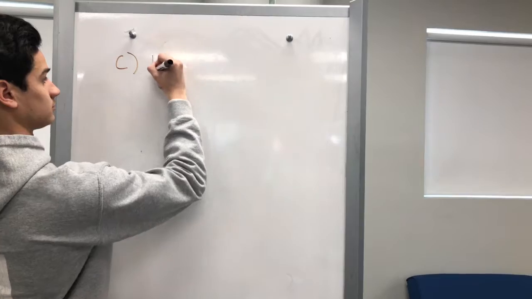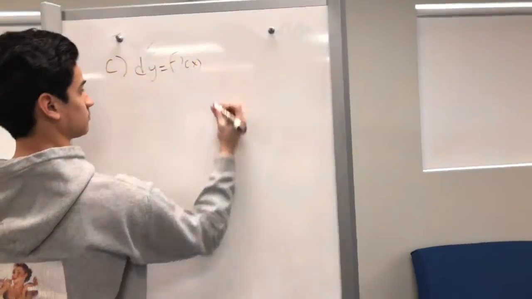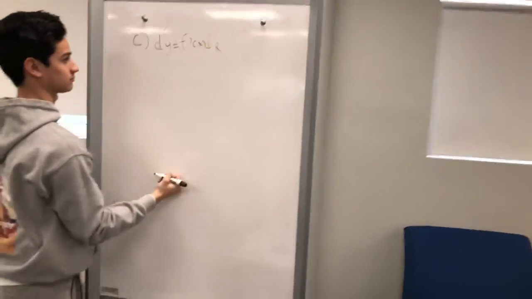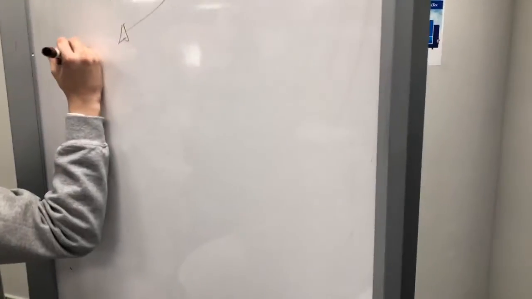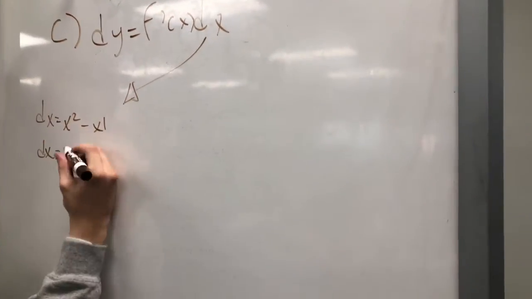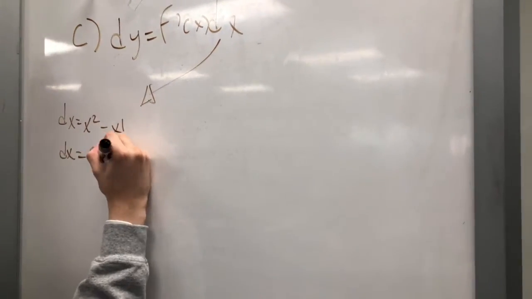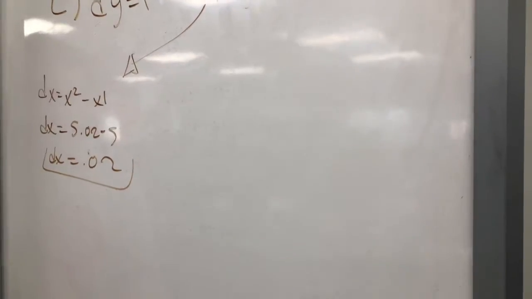So now that we have our derivative, we will use the function dy equals f prime of x times dx. We know our dx equals x2 minus x1. So dx equals 5.02 minus 5, giving us 0.02.